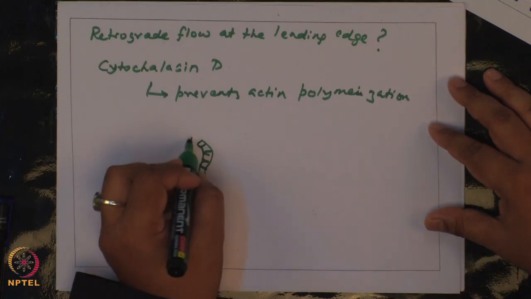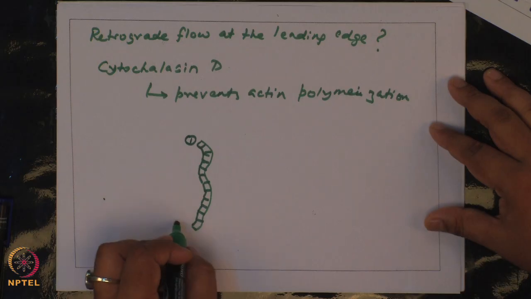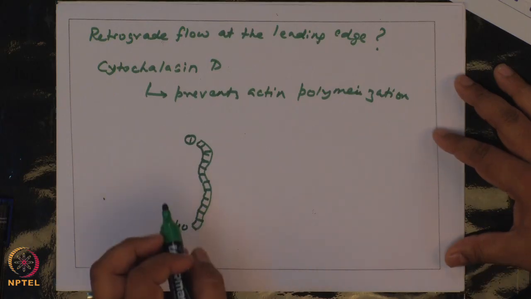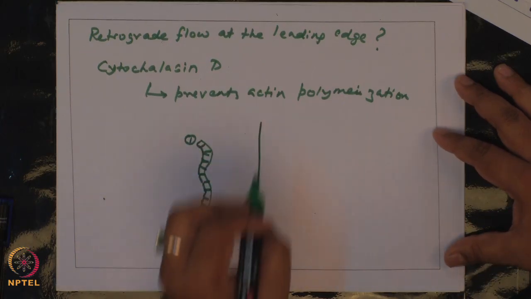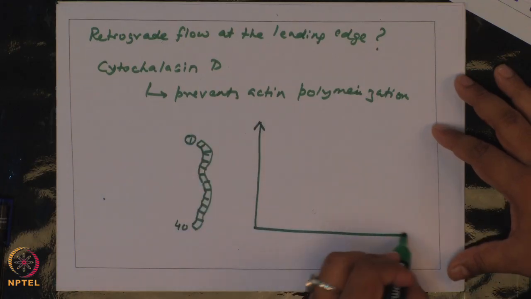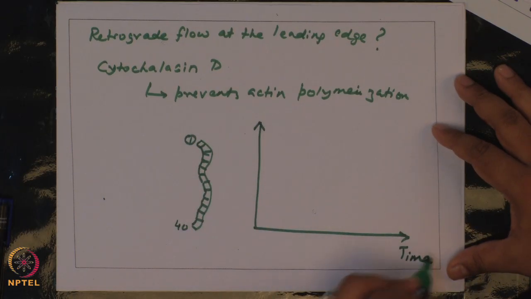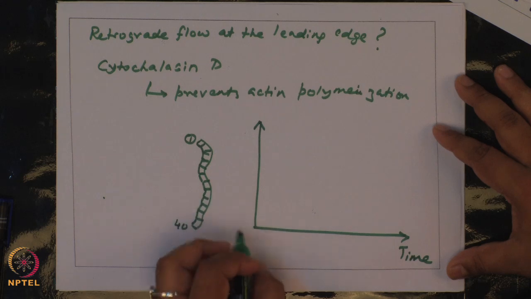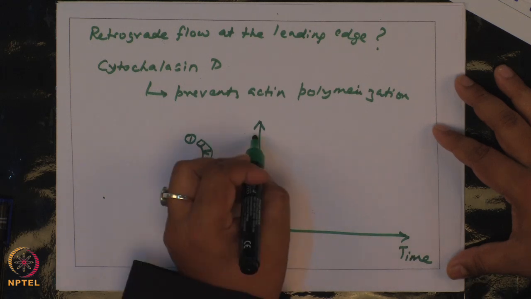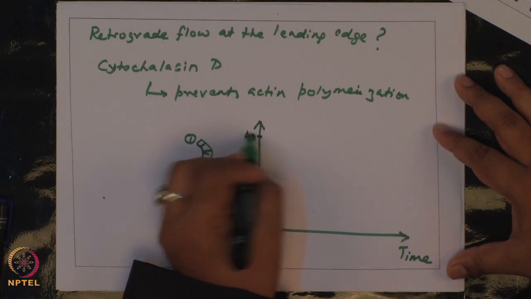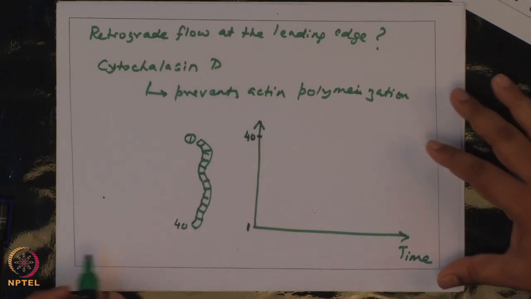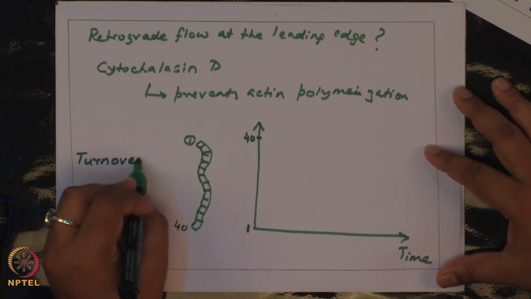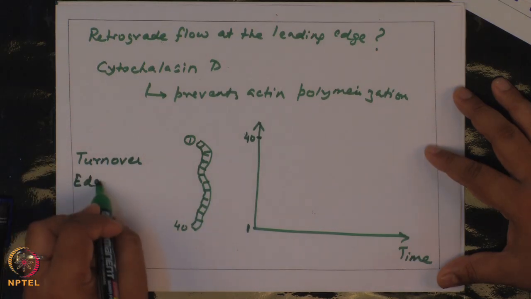Let us say this is my segment 1 and this is my segment 40. For each of these segments, this is my time axis, and along the edge, this is position 1 and position 40. Along the edge, you can track the turnover, the edge displacement.